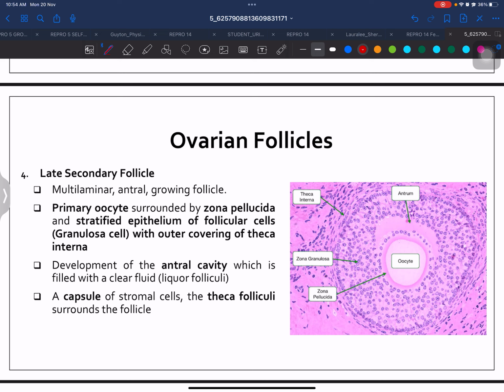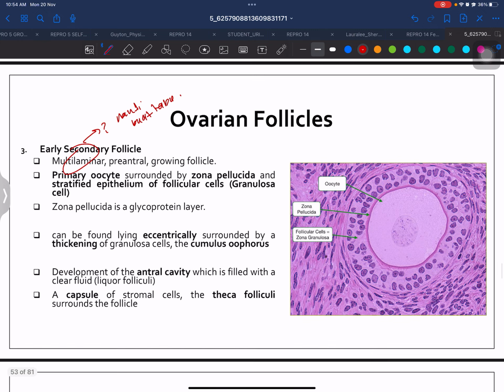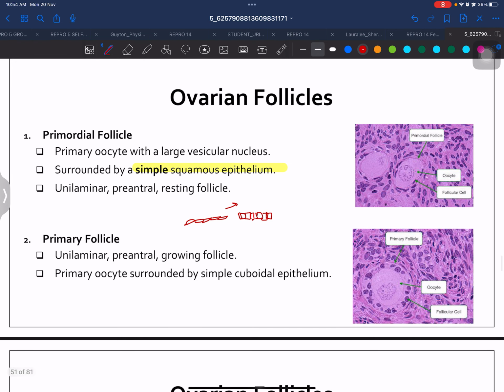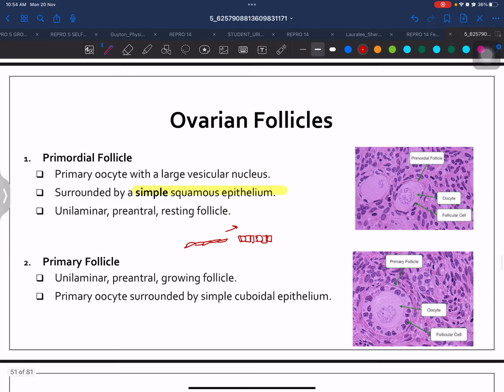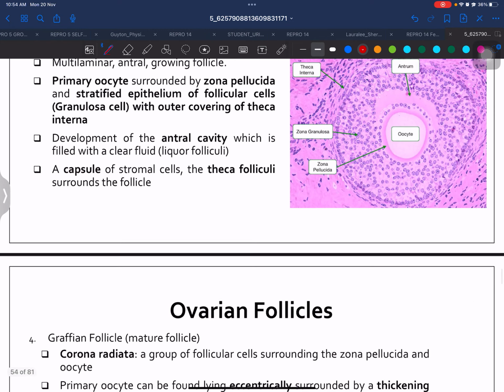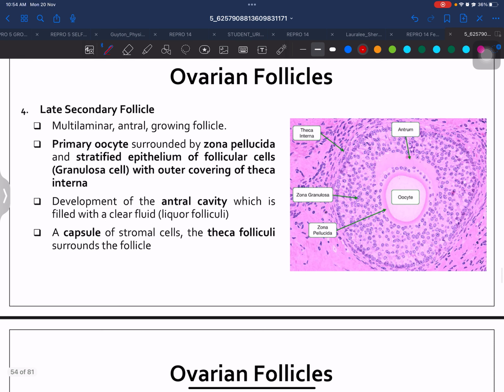Did you get that? Just now, primordial was simple squamous. Then they grow and become primary follicles, with simple cuboidal epithelium. Then they grow into secondary follicles, with the zona pellucida and multiple layers of granulosa cells. When it becomes a late secondary follicle, the granulosa cells become more numerous and thicker, and we have the theca interna outside of the granulosa cells.